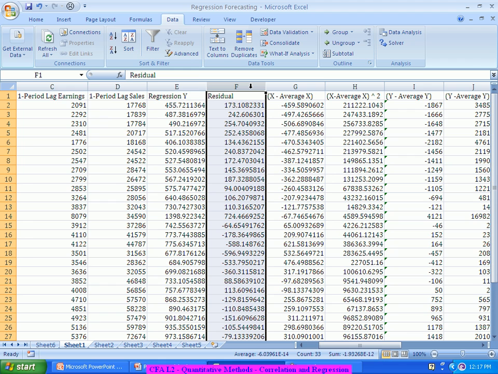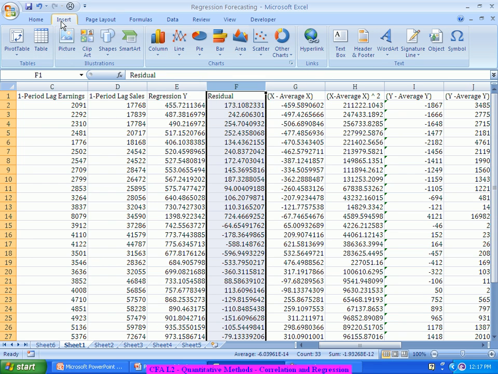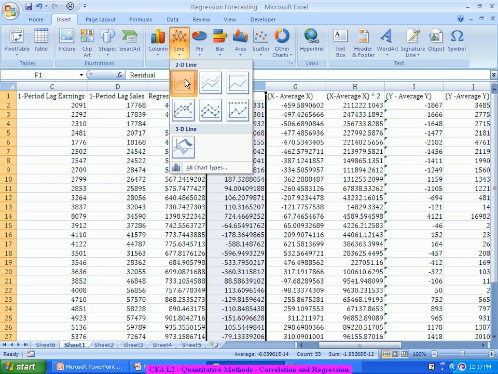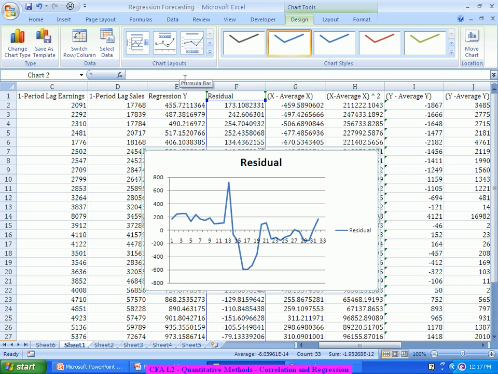No pattern of something going up, something going down continuously. Sometimes up, sometimes down, and no specific pattern. As long as there is no specific pattern, we can very well go with using a regression equation.